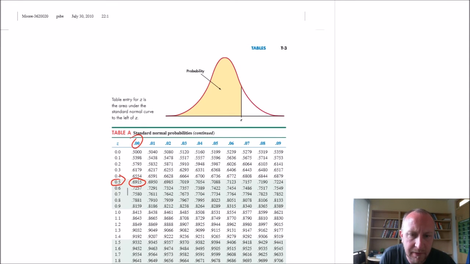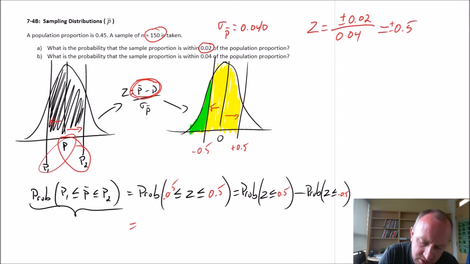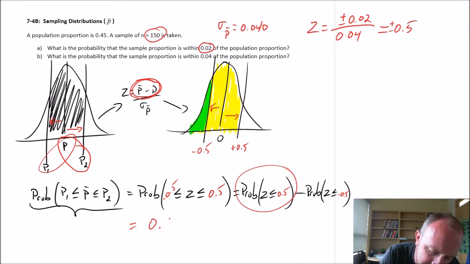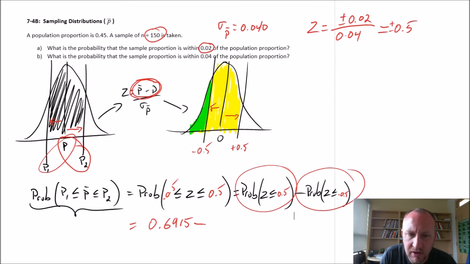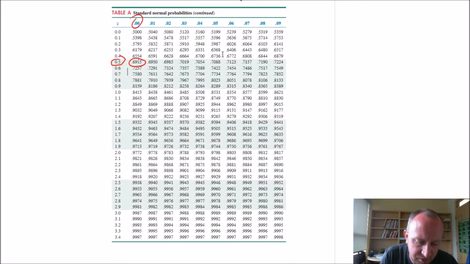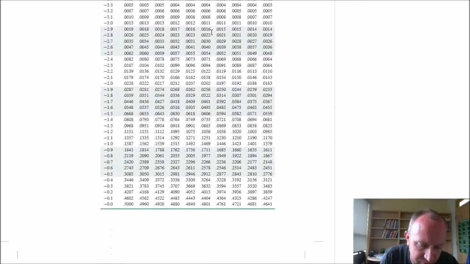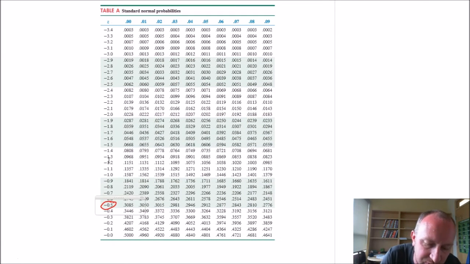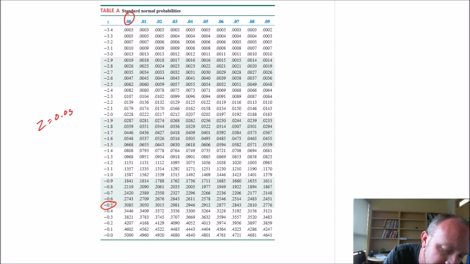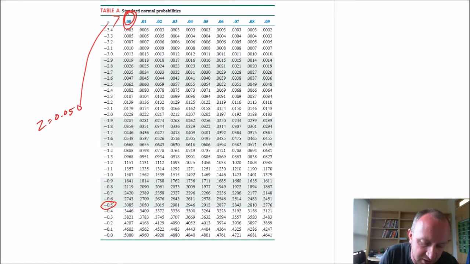so 0.6915. 0.6915 minus, now we want to look up our negative 0.5. So coming up here, our negative 0.5, and that third decimal place is 0, right? Because Z is 0.50. So that's why this third decimal here is 0.